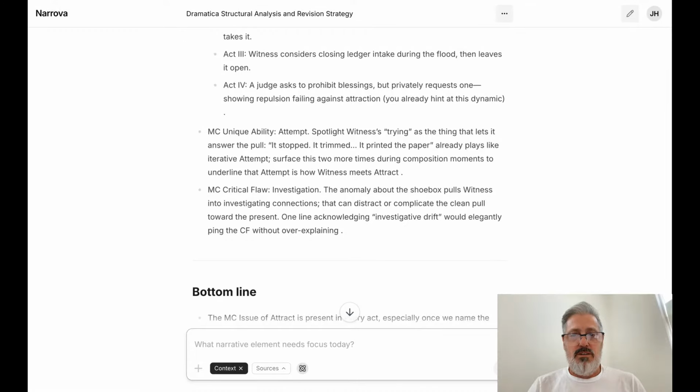Oh, so there's some weird thing about a shoebox or something like that. So because of that, then they get obsessed with investigating all the connections. And because they're so mired in all that investigation, they're not trying or attempting. That can distract or complicate the clean pull towards the present. One line acknowledging investigative drift would elegantly ping the critical flaw without over-explaining.